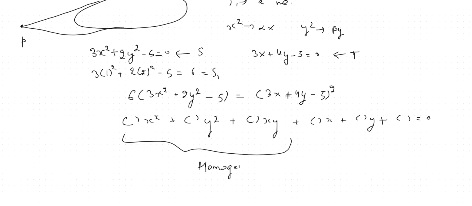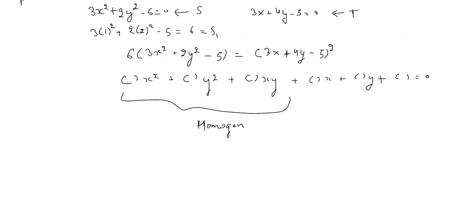So let's say this is a into x square plus b into y square plus 2hxy. Only this part is required to find the angle between the pair of lines or pair of tangents.